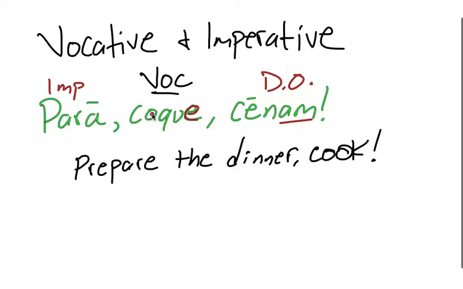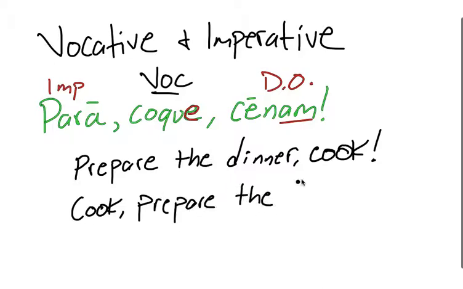It doesn't really matter that much, but the vocative generally will never be the first word in the sentence, although in English we translate it that way. We could say, prepare the dinner, cook, or cook, prepare the dinner. That's probably how you would say it if you were talking to someone in English. But in Latin, the vocative should go second.